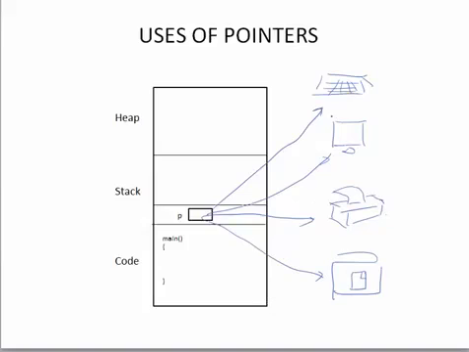Though in C language we don't directly access all these peripherals, we use built-in functions like printf or scanf for printing or reading data from the keyboard. But these functions, printf and scanf, use pointers for accessing these devices.